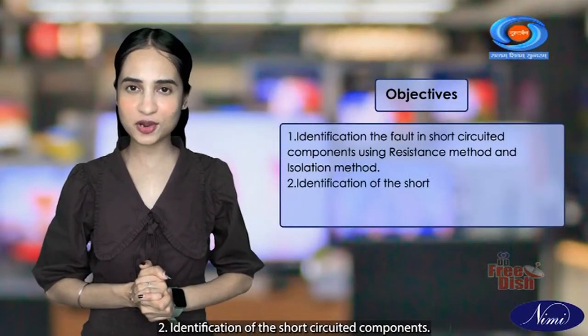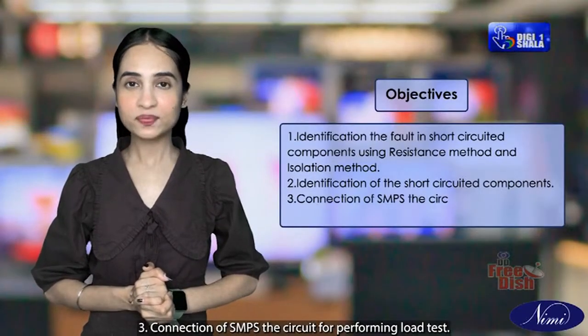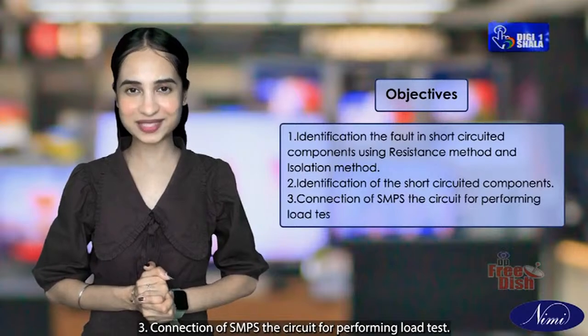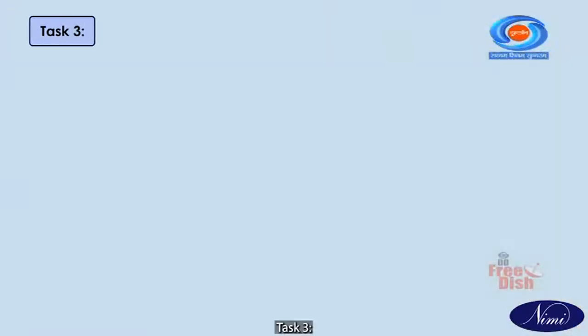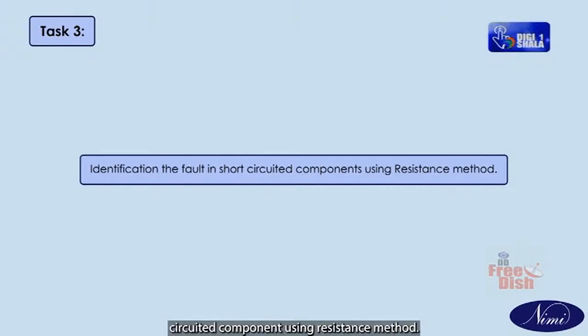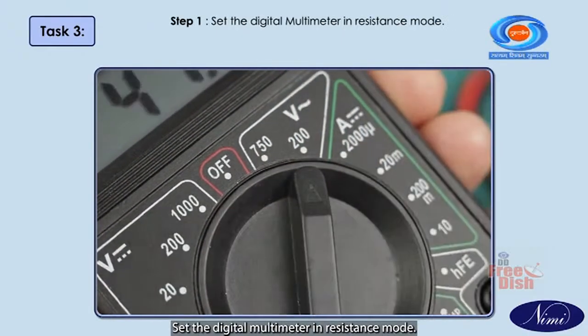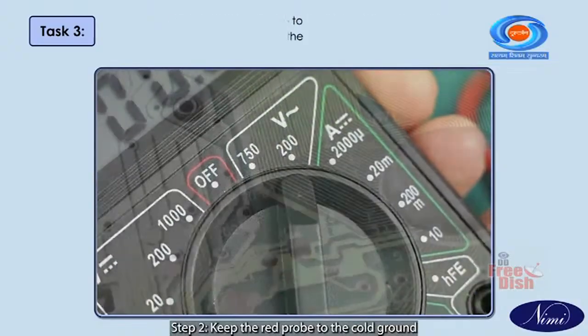Identification of the short-circuited components. Connection of SMPS, the circuit for performing the load test. Task 3. Identification of the fault in short-circuited components using the resistance method. Step 1. Set the digital multimeter in resistance mode. Step 2.